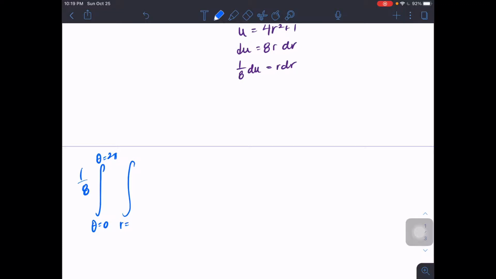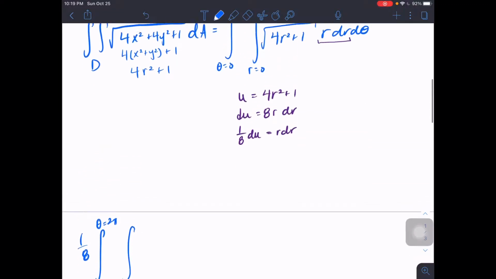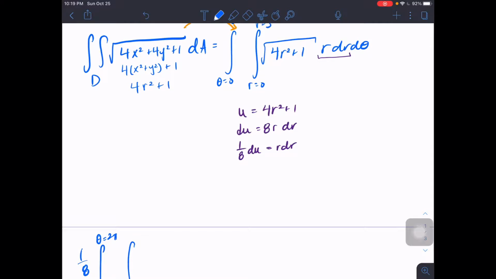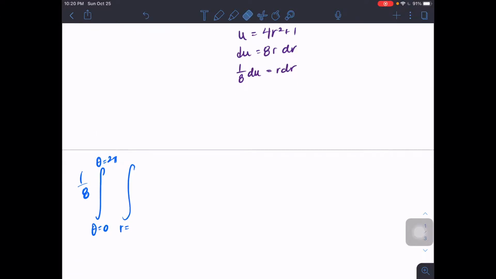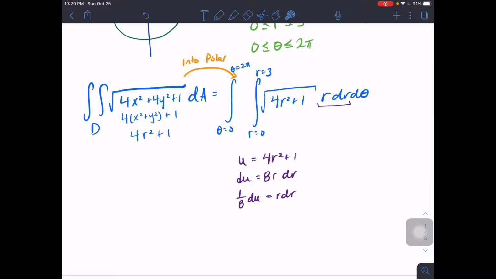And then r goes from, well, this is one of those problems where you can change the bounds for r if you want by plugging in the values into u, or you can take the antiderivative and convert it back to r. I was going to do that, but actually, I just realized that in the future sections we are going to want to practice changing these bounds, so let's just do that instead.